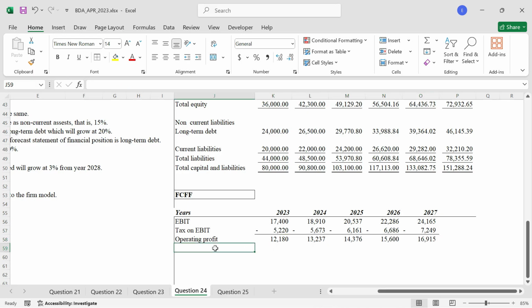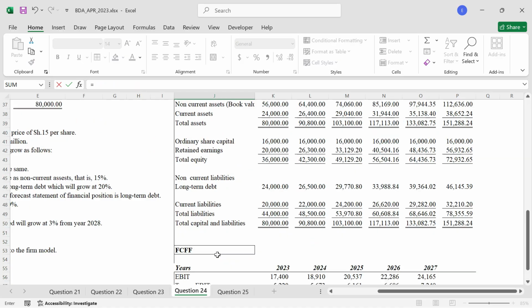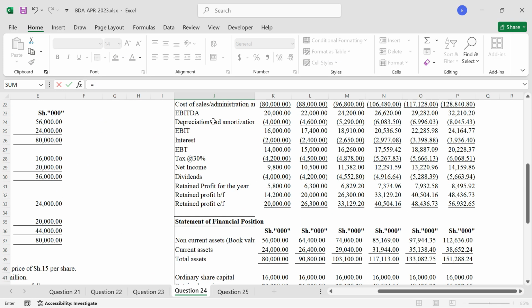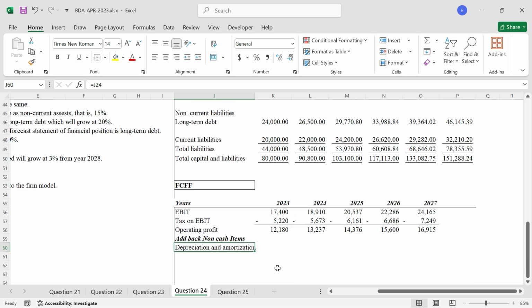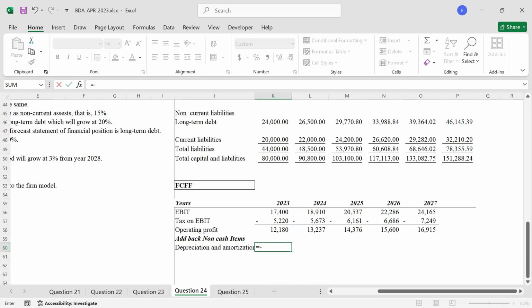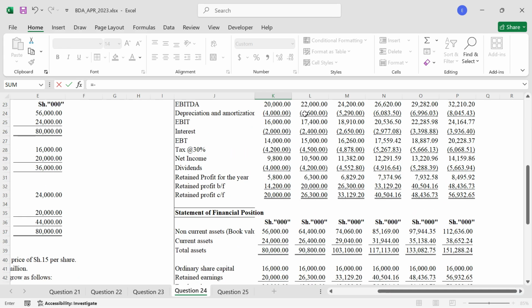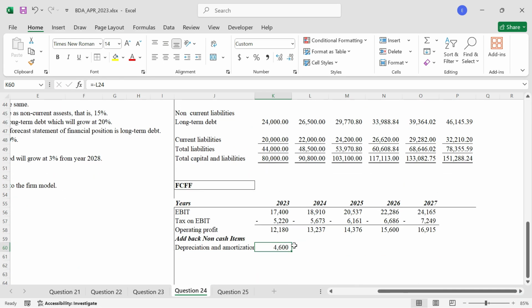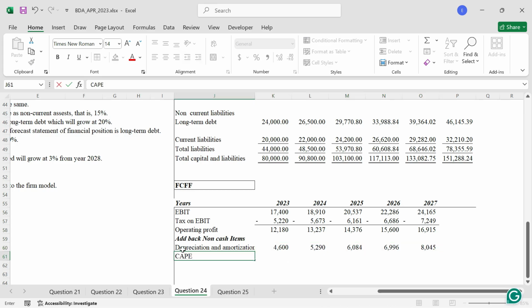From there, I need to add back my non-cash items, which would ordinarily include depreciation. So this would be depreciation added back. Because they were negative values and have equal minus, then the value is in 2023. Beyond this, I also want to account for capex.